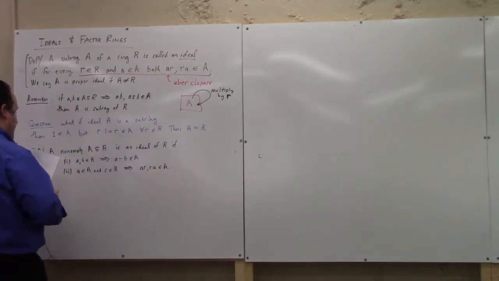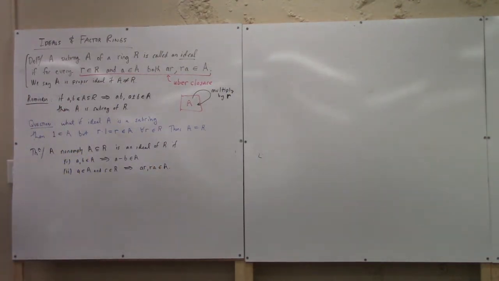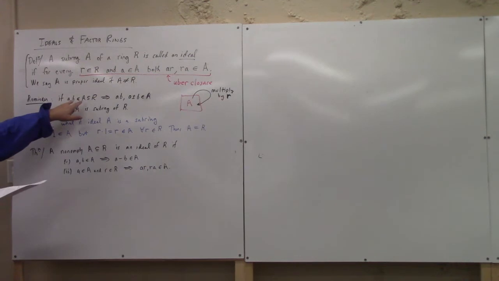So if you're closed under subtraction and also Uber closure, you get an ideal, right? And the proof I won't even write down. It's just kind of obvious. Notice that Uber closure automatically gives you closure under multiplication.